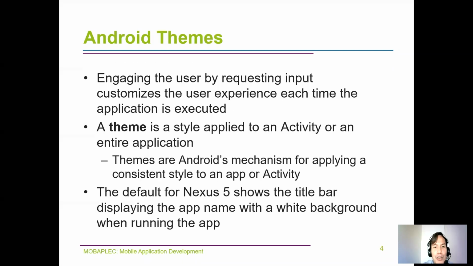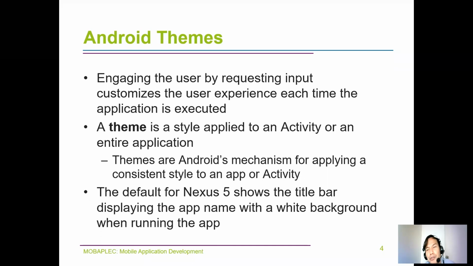Now we proceed with Android themes. In Android themes, engaging the user by requesting input customizes the user experience each time the application is executed. Technically, those are the styles in the entire application. For every application or every activity, there's a theme to consider.